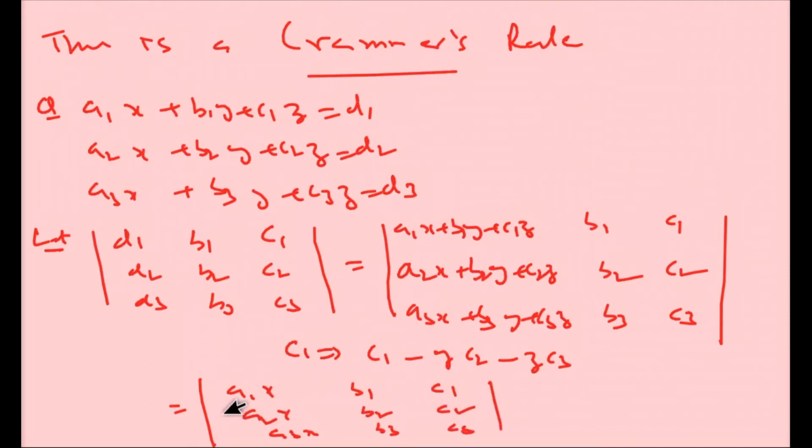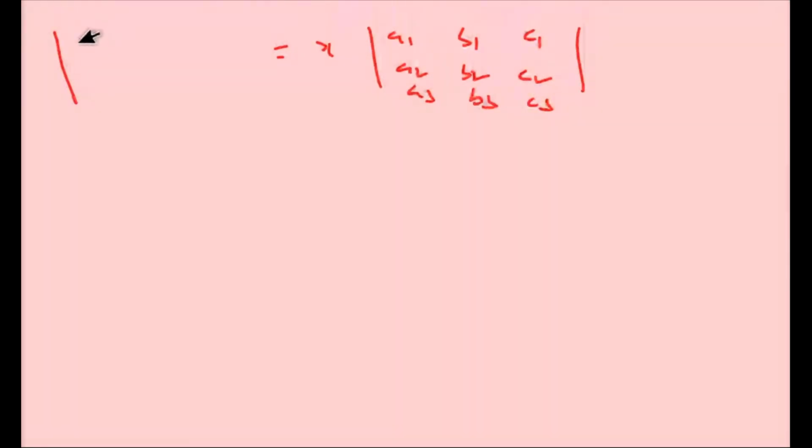Now taking x common from column 1, what do we get? x times the determinant a1, a2, a3, b1, b2, b3, c1, c2, c3, and here d1, d2, d3, b1, b2, b3, c1, c2, c3.